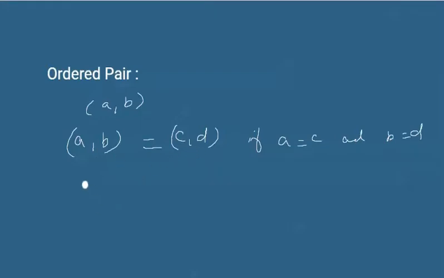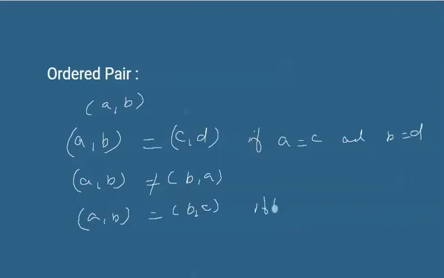So, do you think that ordered pair AB is equal to BA? No, AB is not equal to BA. And one more thing, AB is equal to BA if and only if A is equal to B. Then only you can say that ordered pairs are equal.